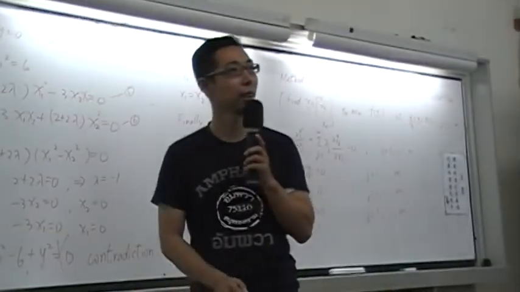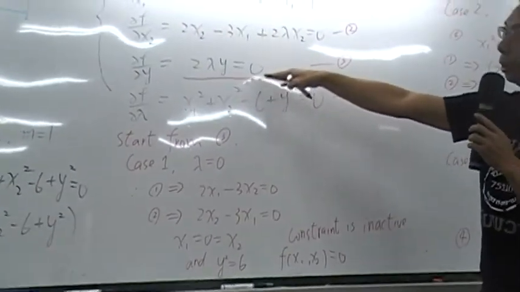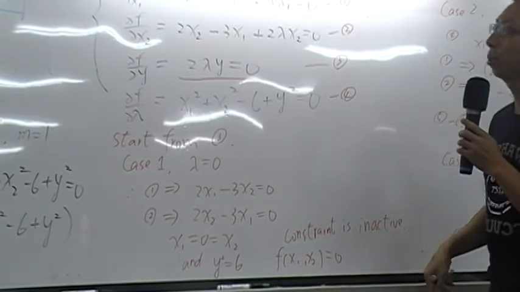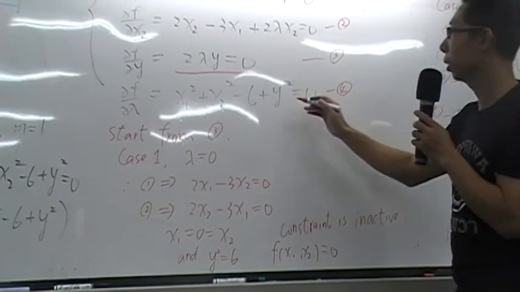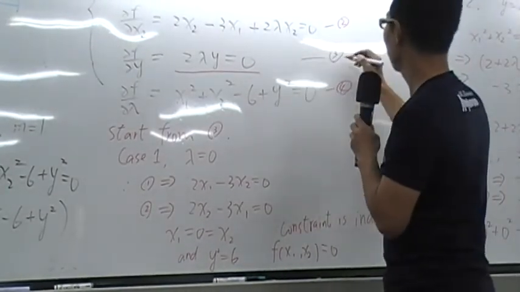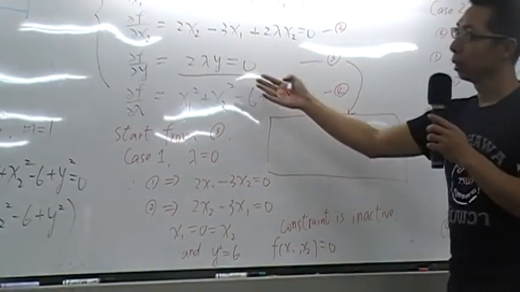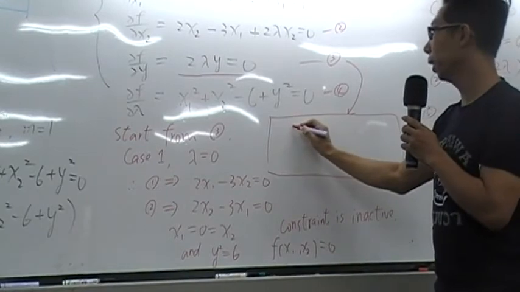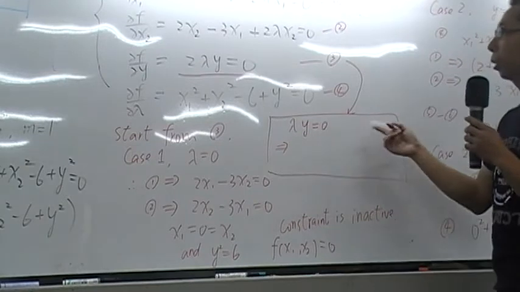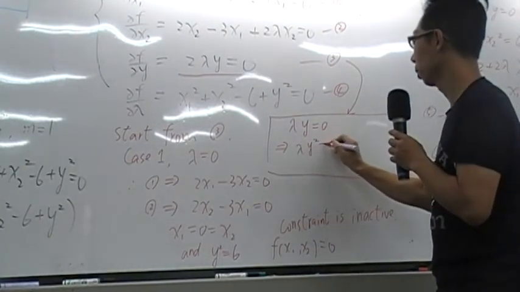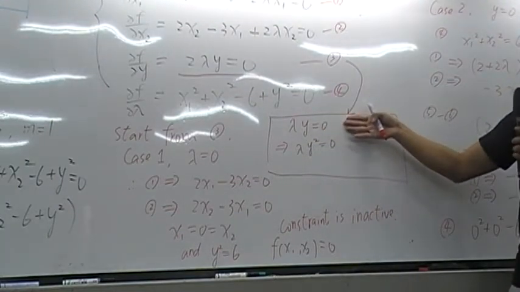Okay, so although previously we wrote 2 lambda y equals 0, we can just write lambda y equals 0, right? 2 lambda y equals 0 is equivalent to lambda y equals 0, and lambda y equals 0 is equivalent to lambda y squared equals 0, because we can multiply by y on both sides, right?